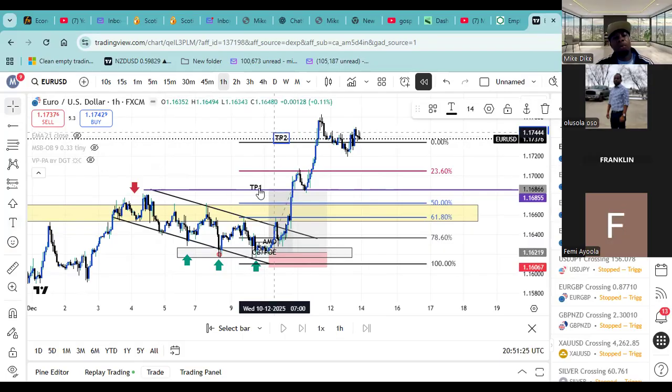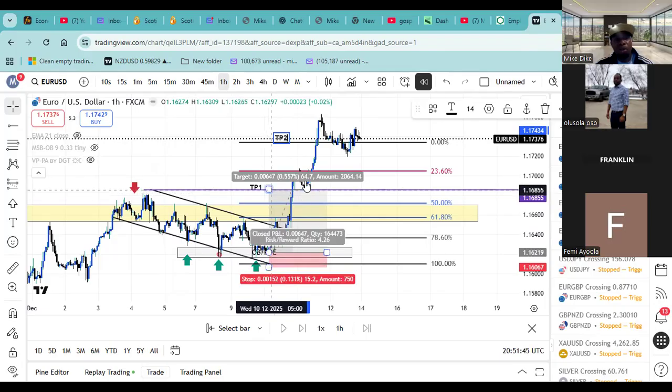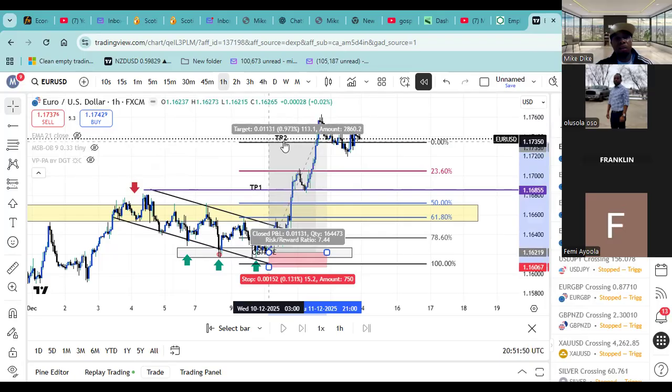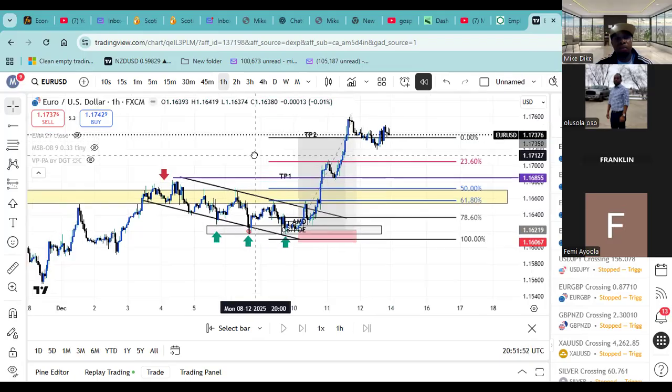Anytime I come to TP1 here, I close most of my position. Maybe I'll leave 1 with a smaller size to keep running, or 2 to keep running, and I'll be watching it. So that's what I do.